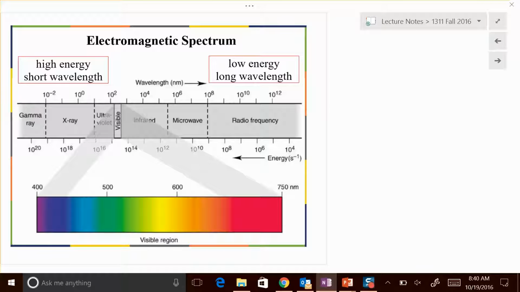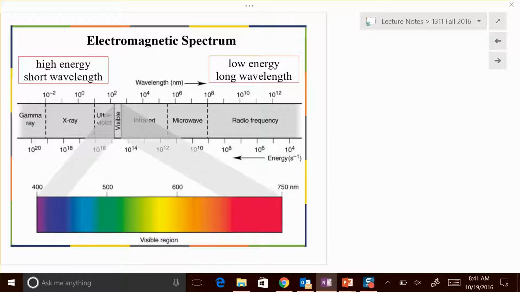This is the spectrum, and you can also see that energy has an inverse relationship to wavelength. The energy is large over here, and it's smaller over here. The wavelength is large over here, and it's smaller over here.